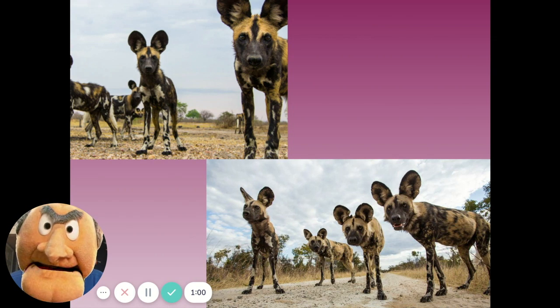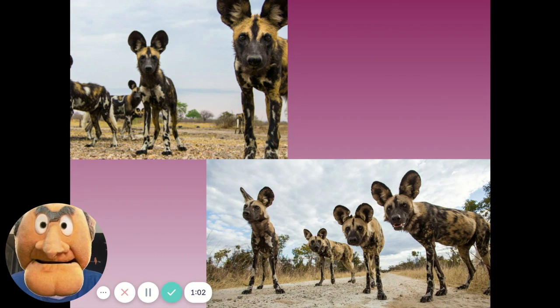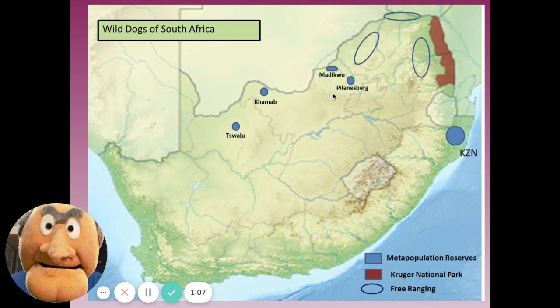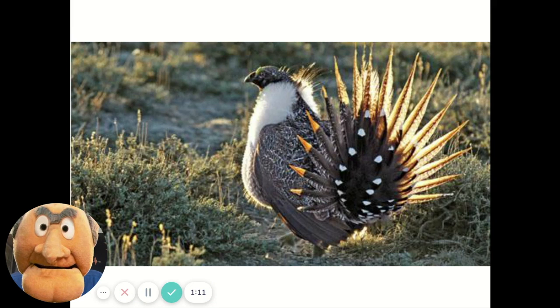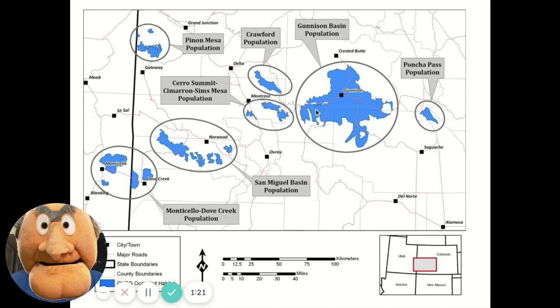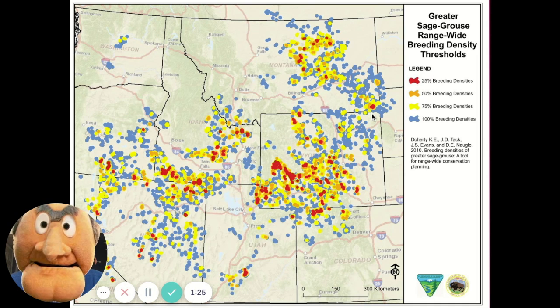Wild dogs in South Africa are another good example of metapopulations. You look at the metapopulation reserves of wild dogs, and they exist in distinct regions. Another example would be sage grouse. Here in Colorado, you have distinct populations of sage grouse that don't often travel between the different blue areas on the map, once in a great while.